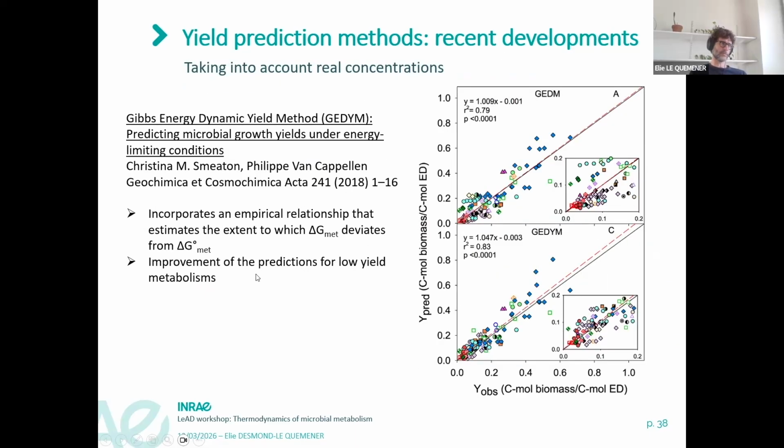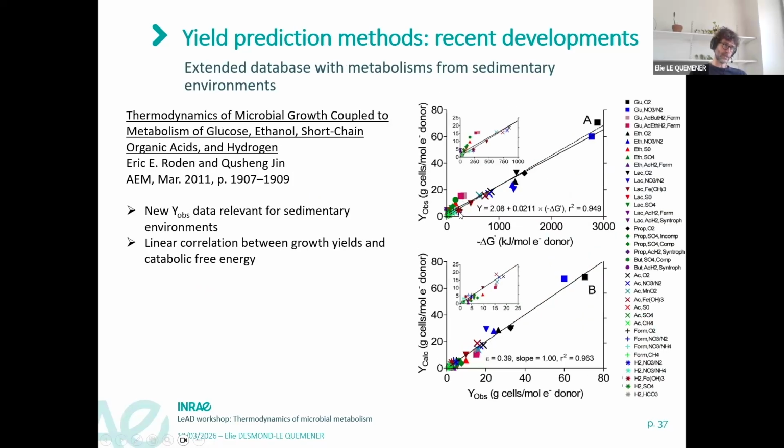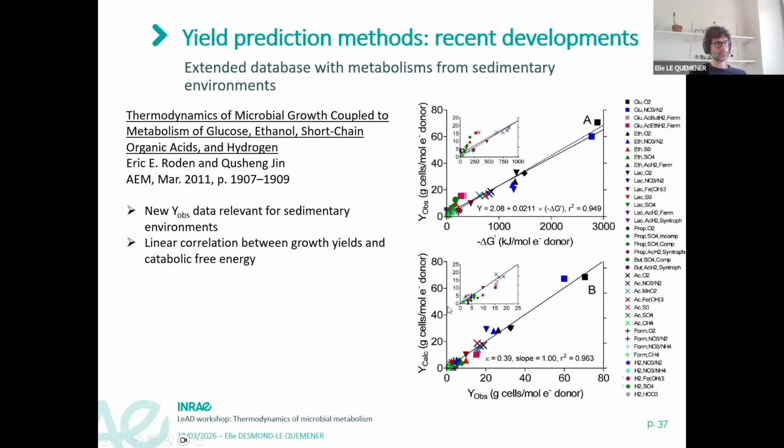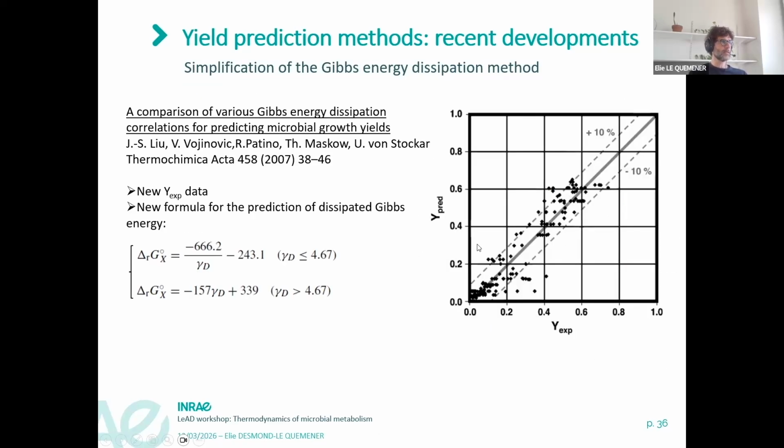But in fact, there is often a problem with this refinement: they forget that what we want to predict is the maximum yield, and so they feed the database with yields that are not maximum yields. So it's not very good for the prediction capability of the method.